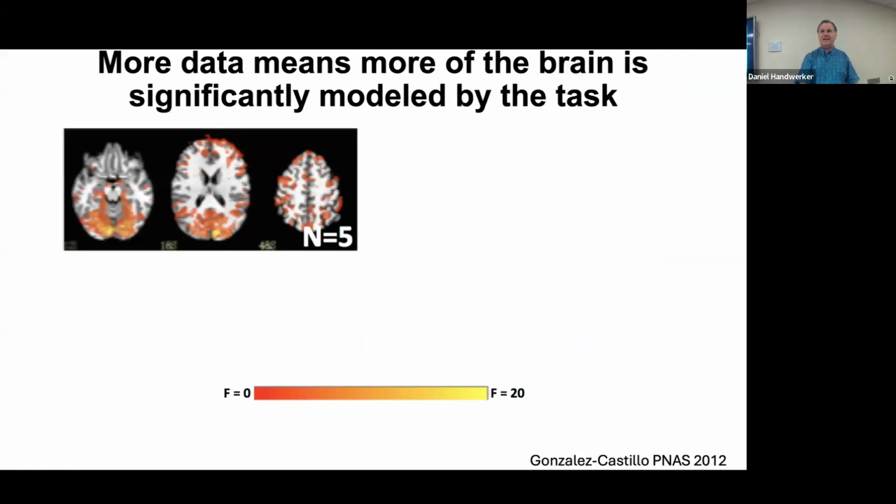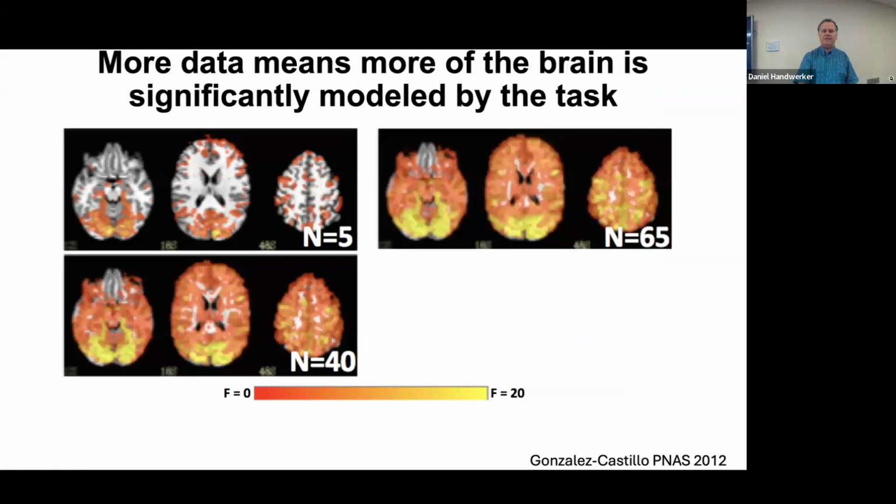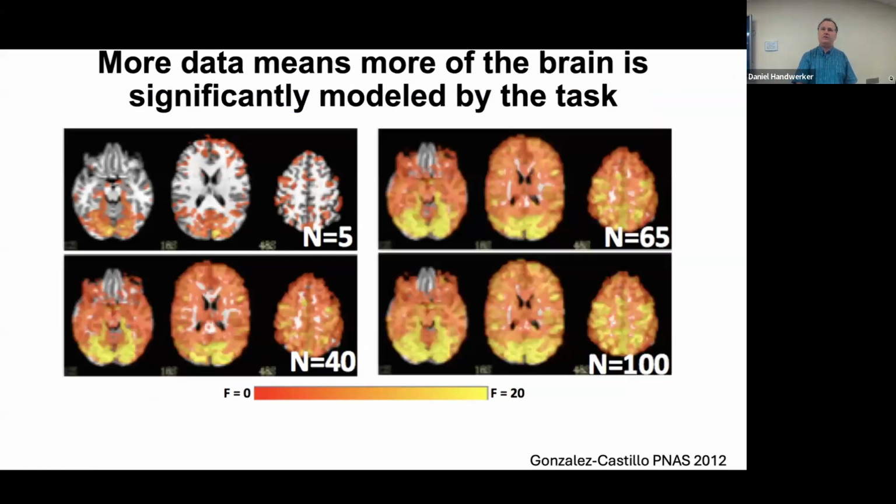This is this exact same checkerboard task. These are the areas significantly active for 5 runs, so about 25 minutes, 40 runs, 65 runs, and 100 runs. If in all our studies we got all our volunteers to spend 9 hours in the scanner, we would see statistically measurable and significant responses across the entire brain.